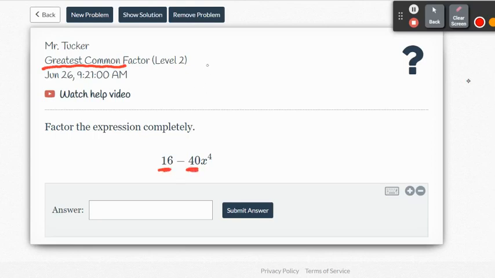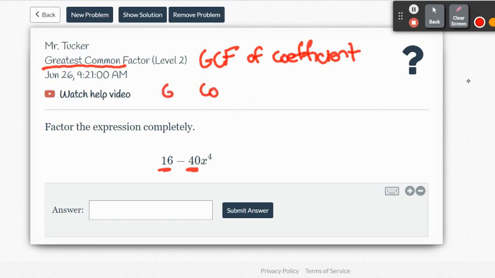So the GCF of the coefficients. And then we look for a common variable. So I'm going to say GCF for the common variable.